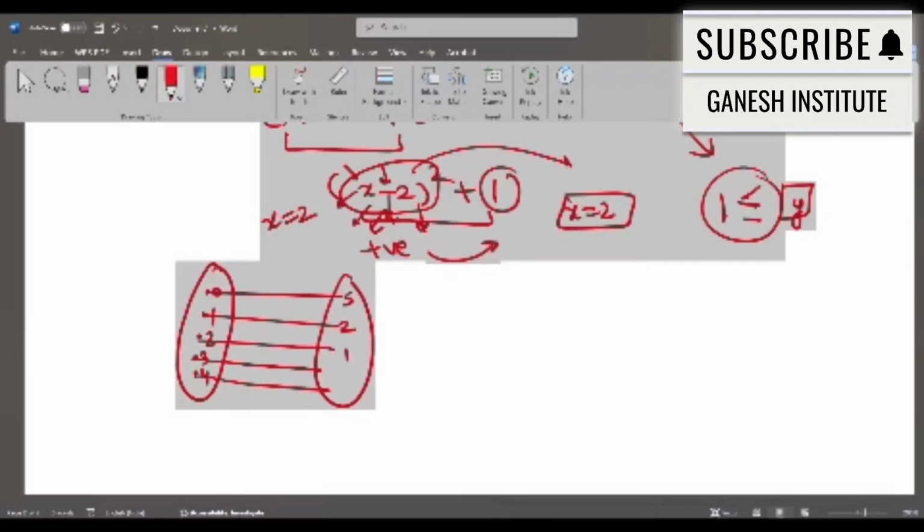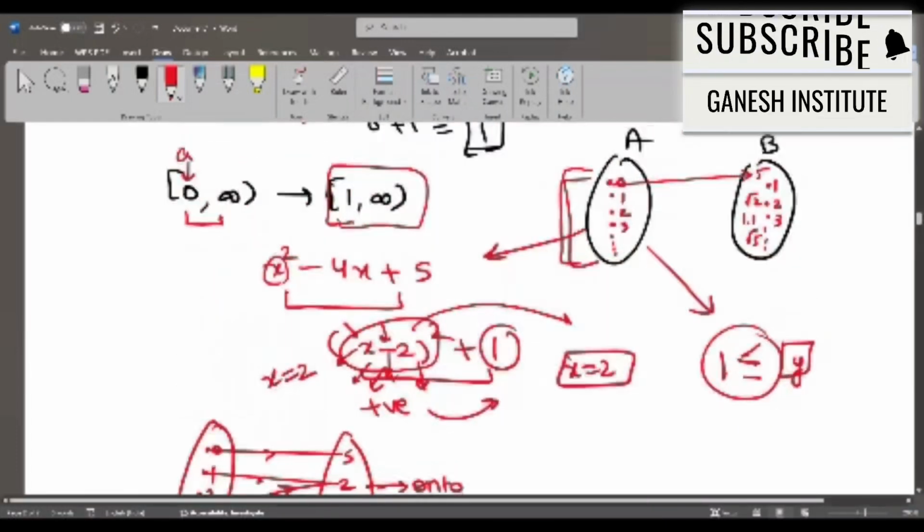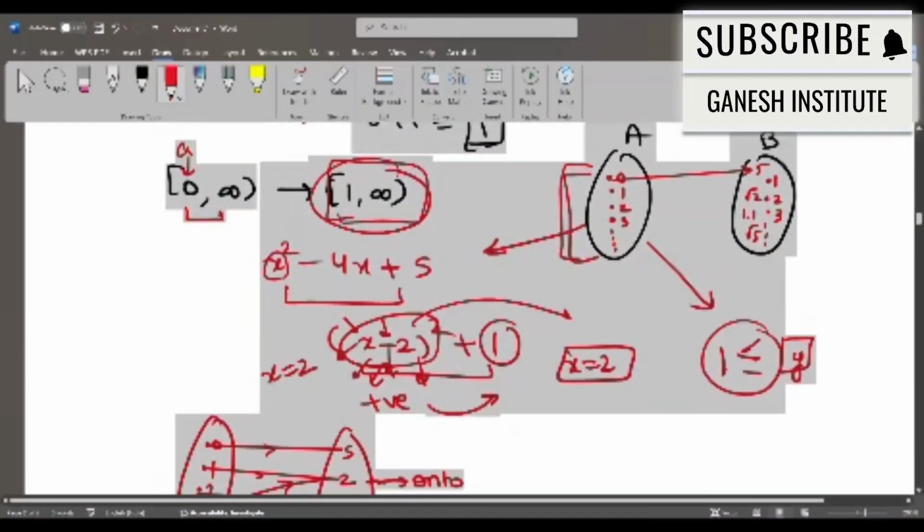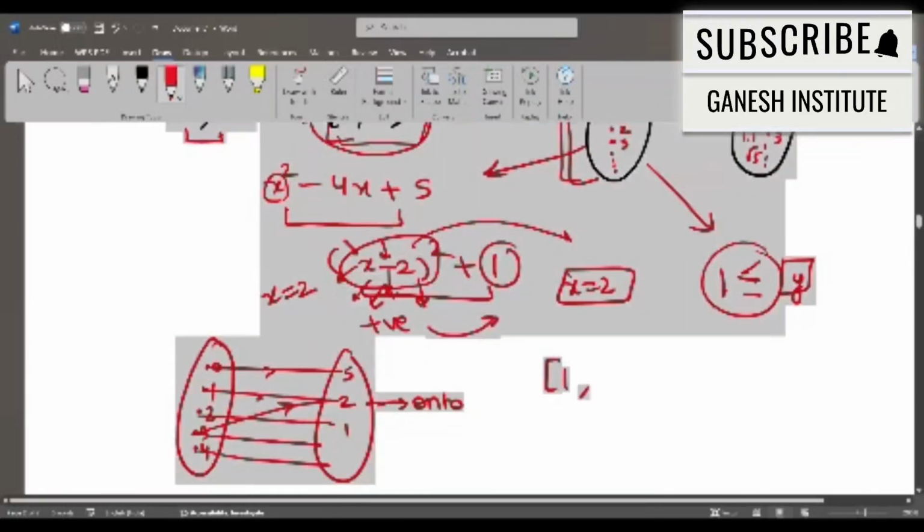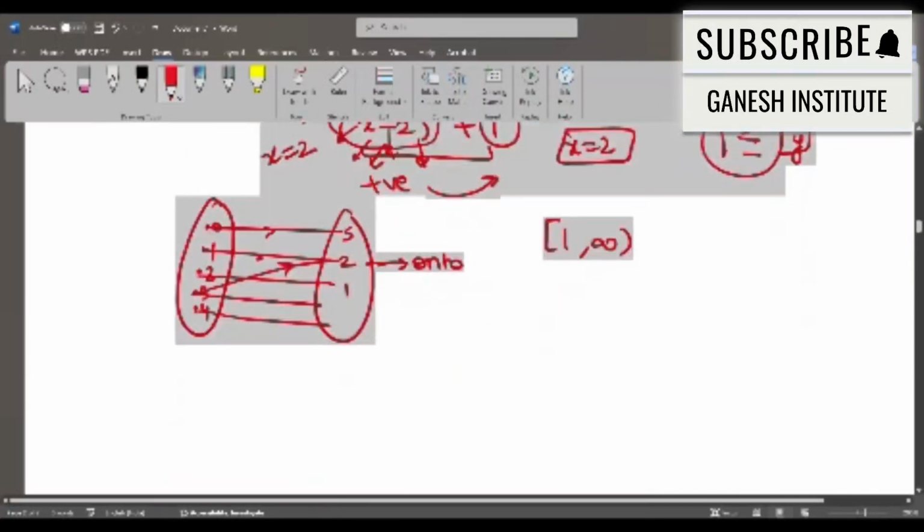If you take 3, 3 minus 2 is 1, squared 1, plus 1 is 2. Correct? 3 is also 2. So can you see in onto, the values which the question has given me, that it is moving from something to 1 to infinity. No number will be left behind without having its pre-image. Why?